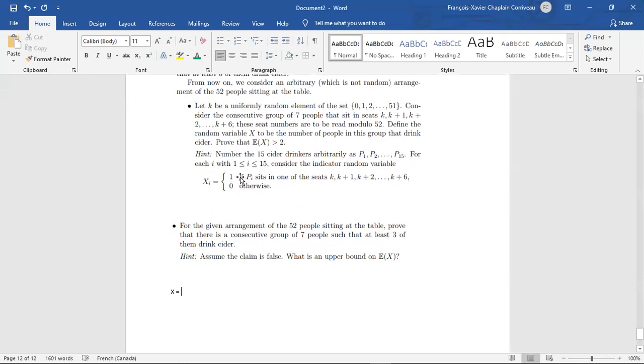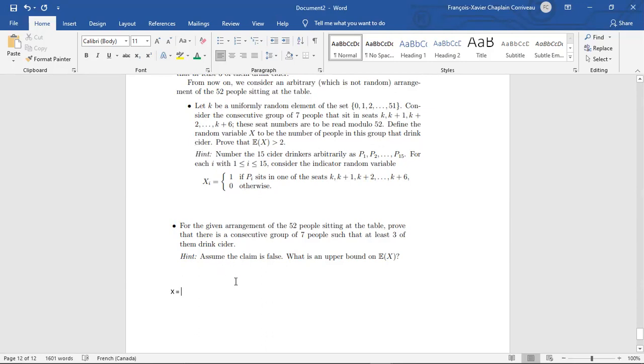Here I'm counting, I have 7 chairs, and I'm defining one indicator variable for each person. So I have 7 chairs. If I'm a cider drinker and I sit in one of these chairs, then I count as 1, because that's the number of people in that group that drink cider.